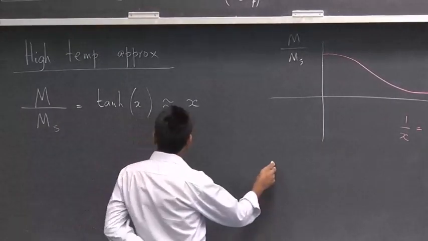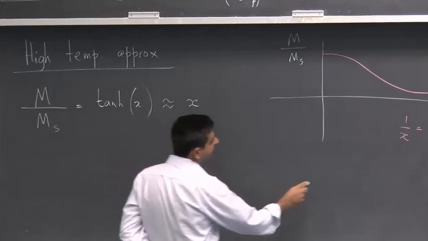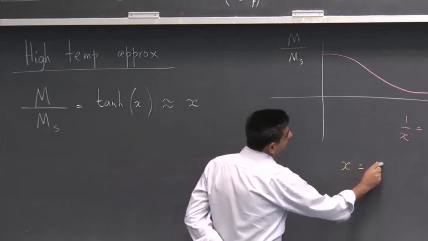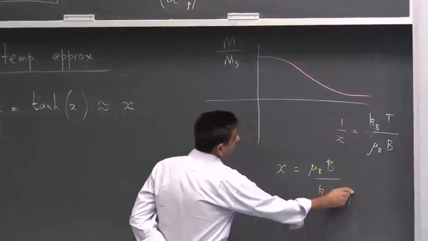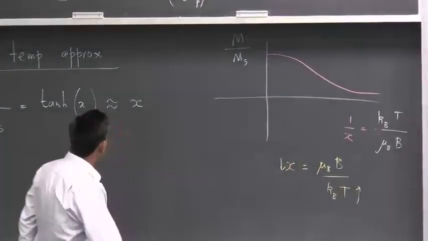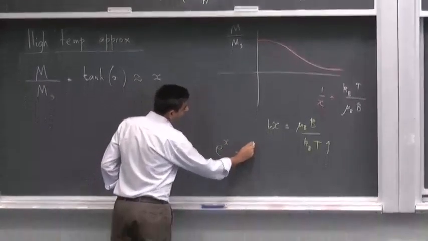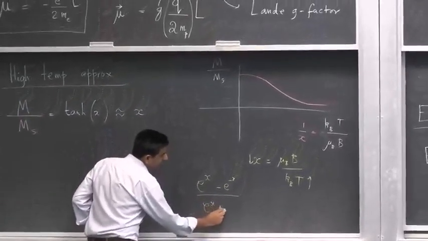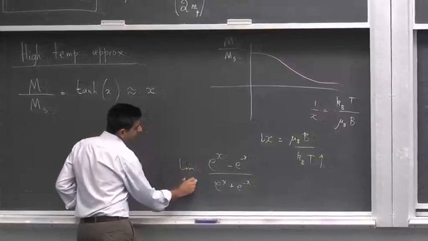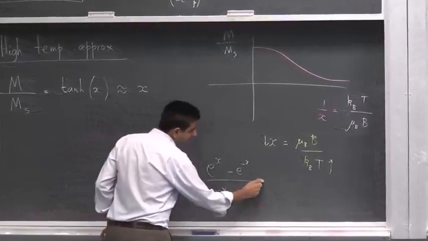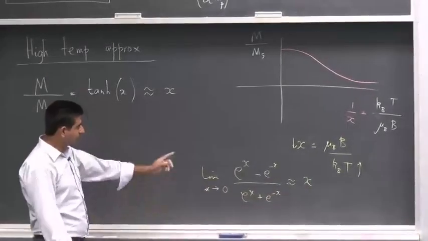So tanh of x, high temperature means small x. Tanh of x is e^x minus e^-x over e^x plus e^-x, in the limit that x goes to 0. X is small. This thing turns out to be x. You just expand each exponent with Maclaurin series.